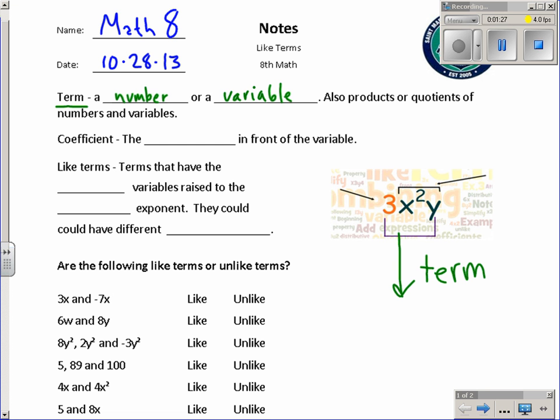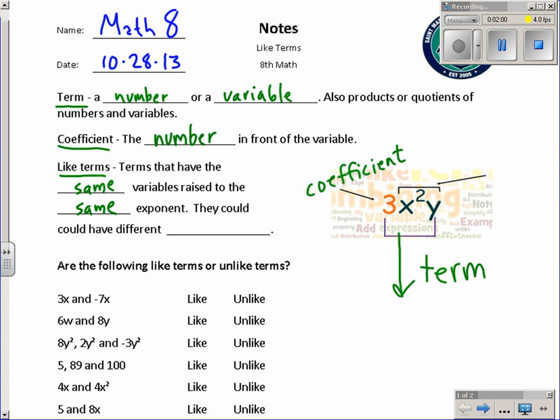All right. Coefficient, that would be the number in front of the variable. So using our example over to the right, that 3 is our coefficient. That's the number that comes before the variables. All right, so we got term down, we've got coefficient, and now we need to talk about like terms. Like terms are any terms that have the same variables raised to the same exponent.